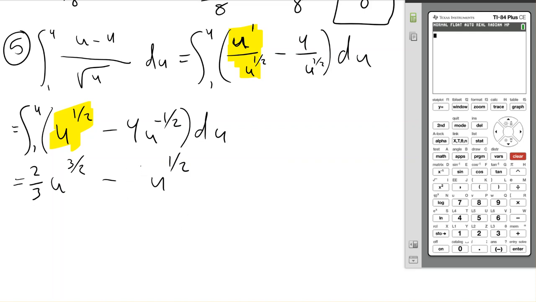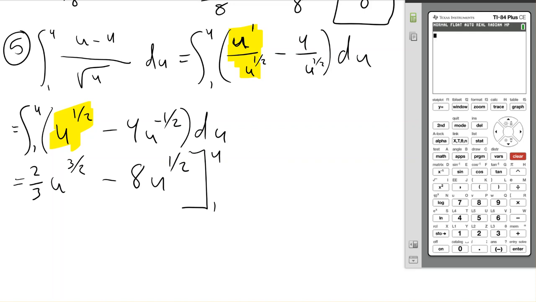And again, it would be pretty careless to not just test with power rule. Bring this down, lower the power by 1. So you okay with the antiderivative?